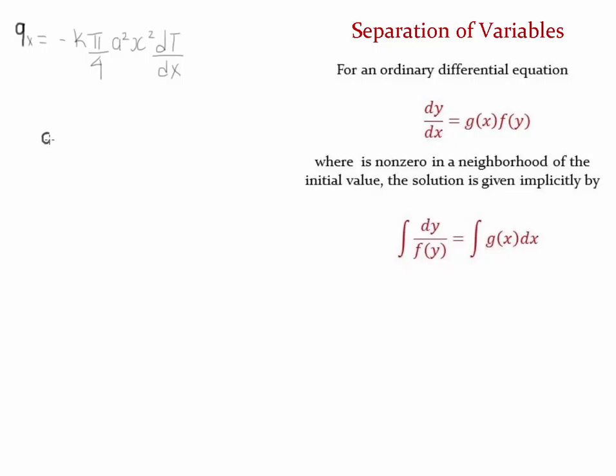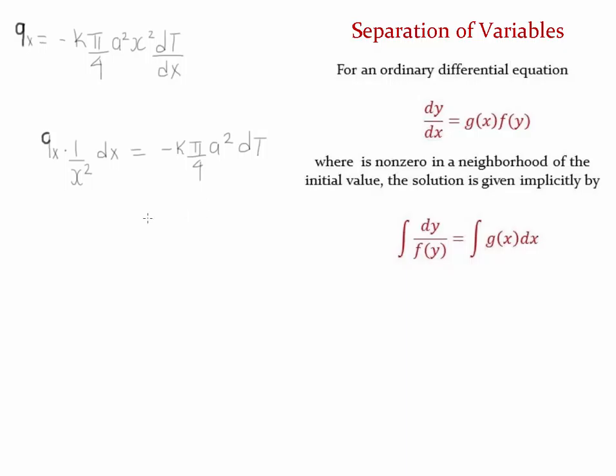Therefore, we write Qx times 1 over x squared dx, and we keep the constants on the right side, and we say k pi over 4 a squared dT.